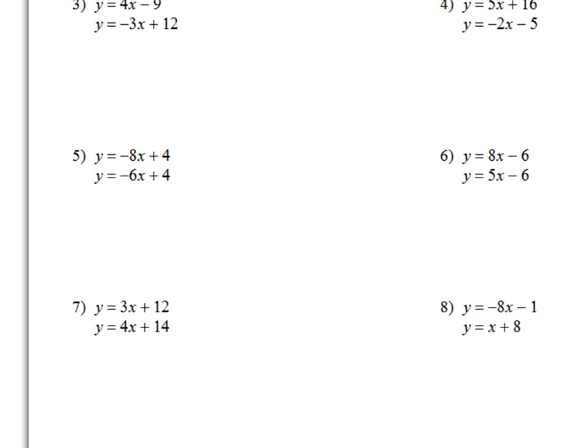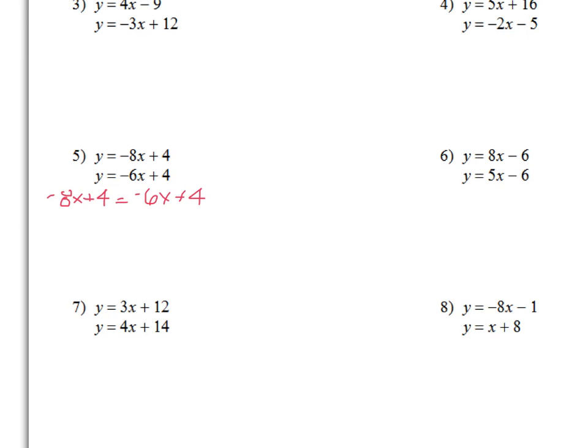Number 5 says negative 8x plus 4 equals negative 6x plus 4. So we would write negative 8x plus 4 equals negative 6x plus 4.